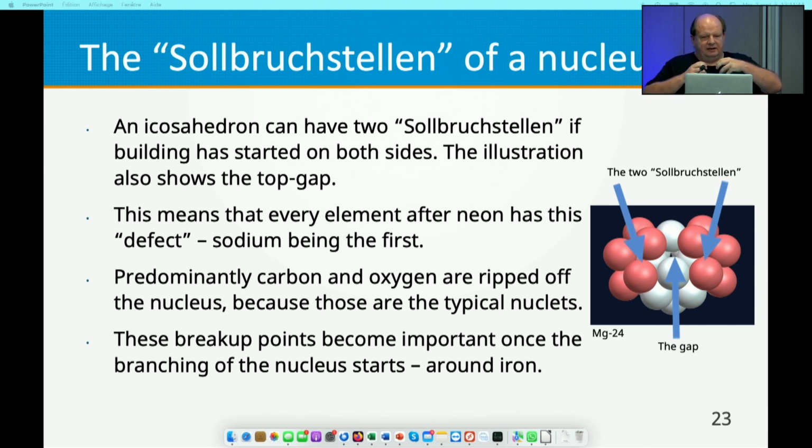When we first start and put a deuteron on top of this icosahedron structure, which is carbon, so we go from carbon to nitrogen, it rips off the structure a little bit. And this gives us this strange angle of 31.5 degrees, and it determines basically in which direction the nucleus will go.